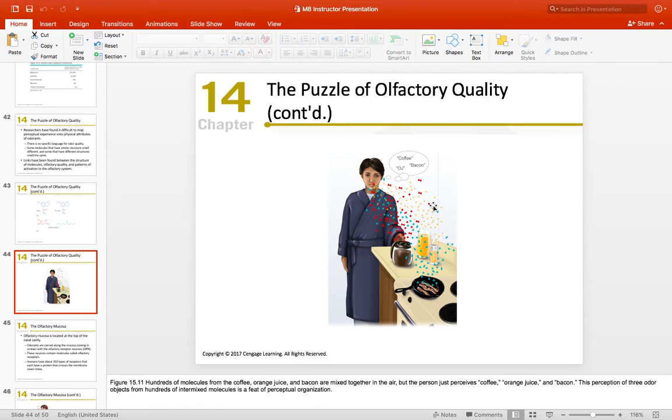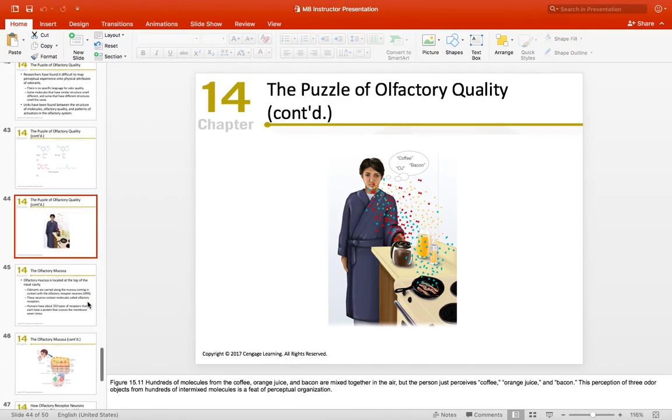All of these odorants are mixed up. How can I identify each of these things separately? And it's done rather easily. Making breakfast, I can easily discriminate those odors. How is it that we do that? Well, obviously it's neural mechanisms of the brain that we're just not quite sure of yet. All right, so that's the puzzle of olfactory quality.